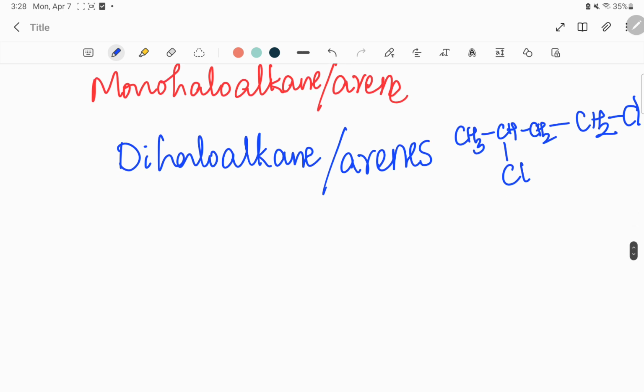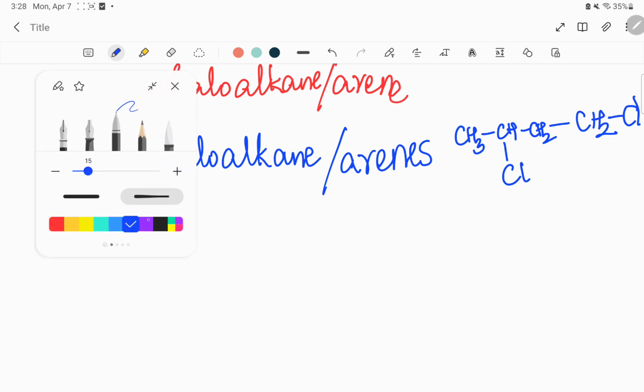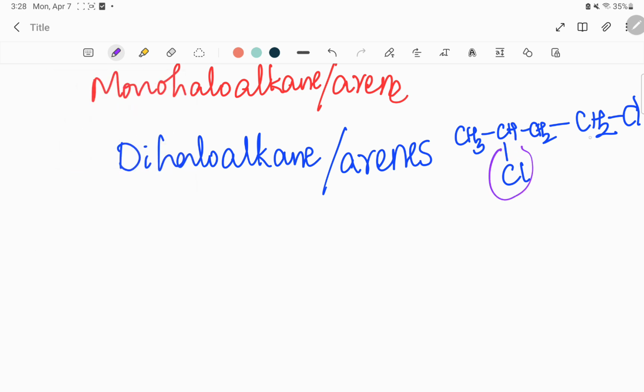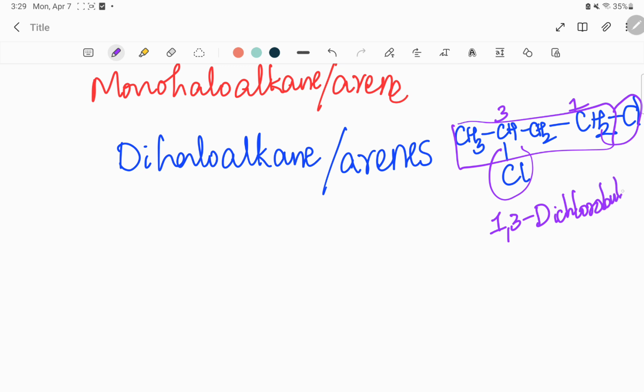So this is an example of a dihaloalkane. If you see, there are two halogen atoms, one in the first carbon and one in the third carbon. So the name of this compound will be 1,3-dichloro, and there are 4 carbon atoms in the chain. So the name will be butane. So this is the IUPAC nomenclature.